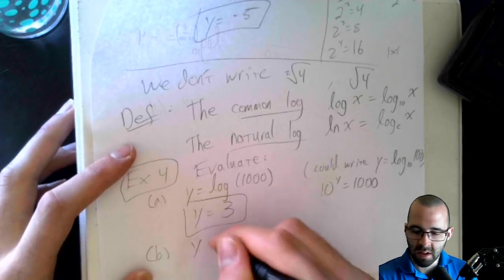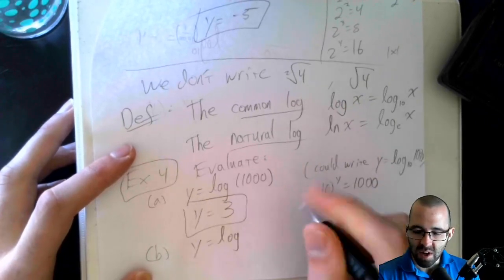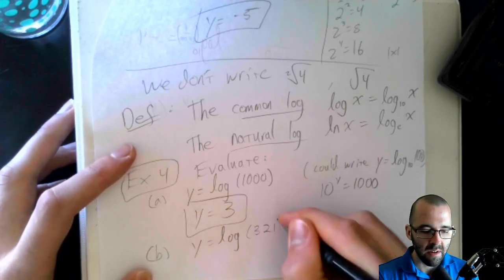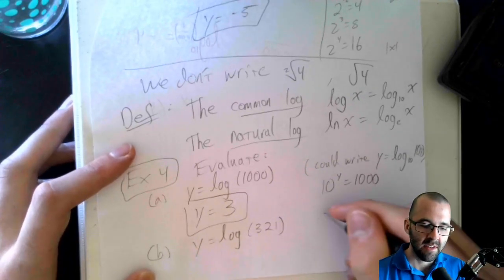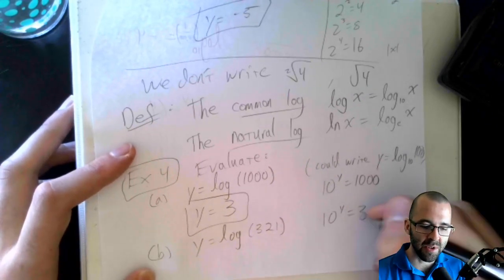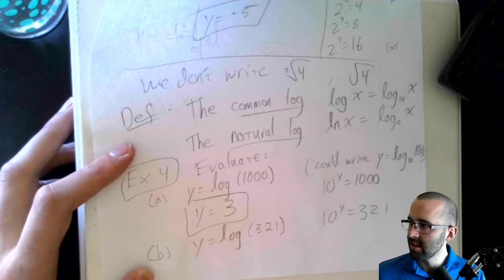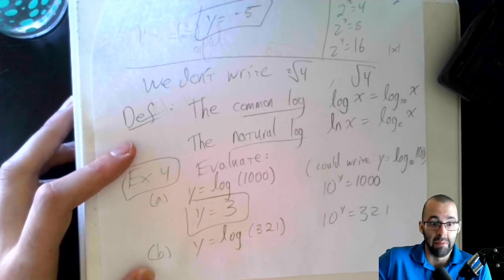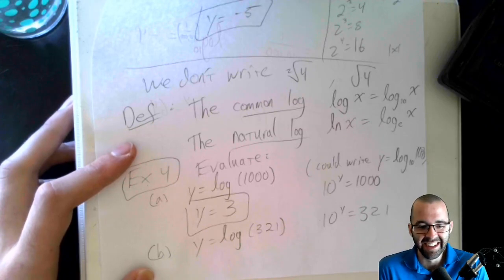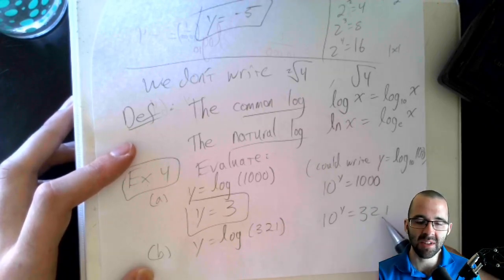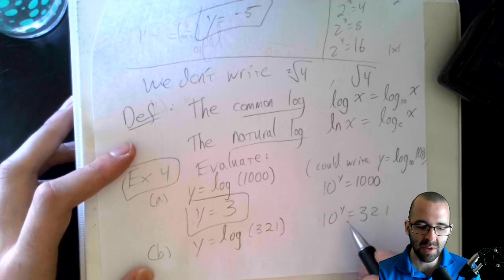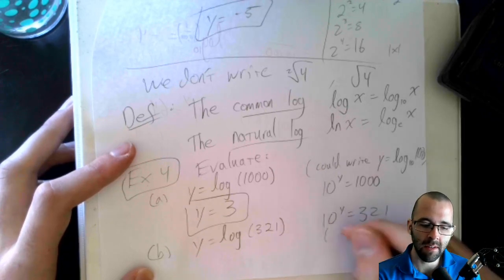Part B. y equals the common log of 321. So again, this is 10 to what power equals 321? I don't know. Right? 10 squared is 100. 10 cubed is 1,000. So it's going to be between 2 and 3.